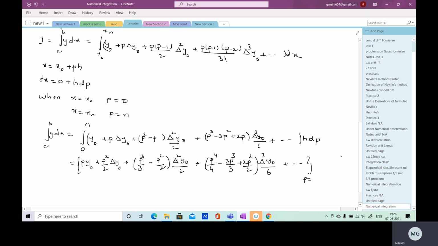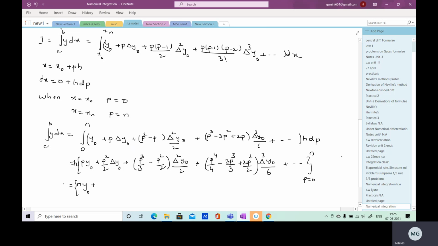All this is p moved from 0 to n, or when you substitute the limits, you can write this as equal to n y naught plus, remember this h, I have to write it this side. h dp, h is a constant, so it is coming that side.